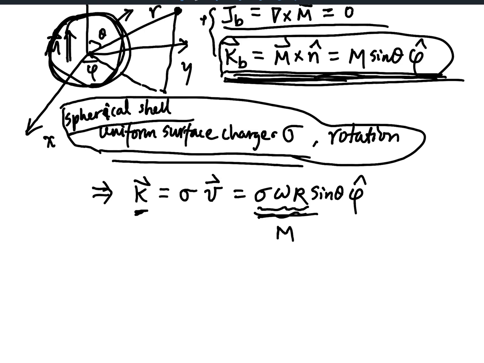In other words, the field of a uniformly magnetized sphere is actually identical to the field of a spinning spherical shell. What you really need to do is replace sigma times omega r with the m value that is shown here.